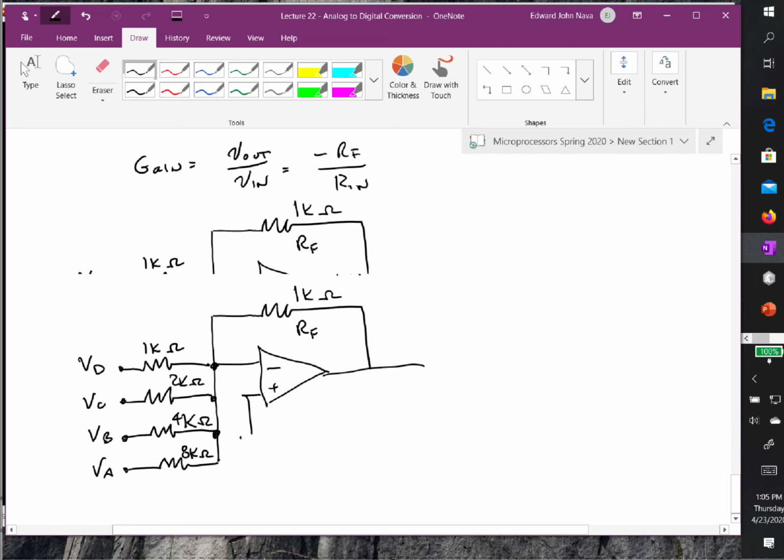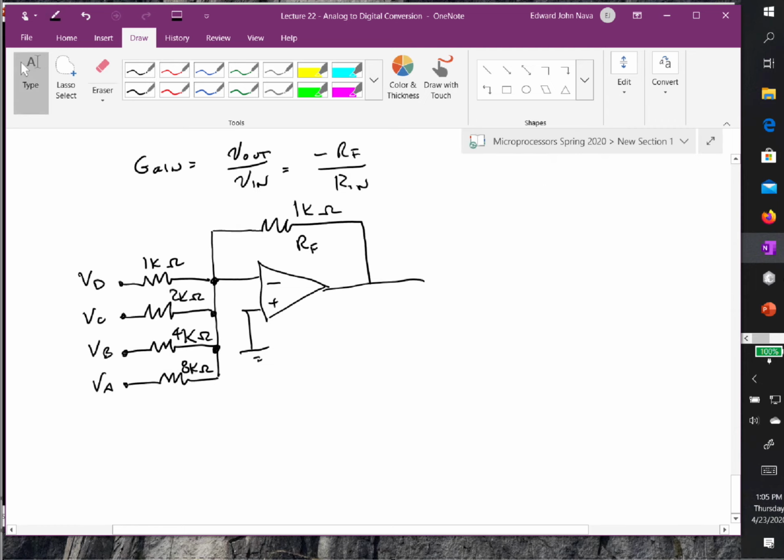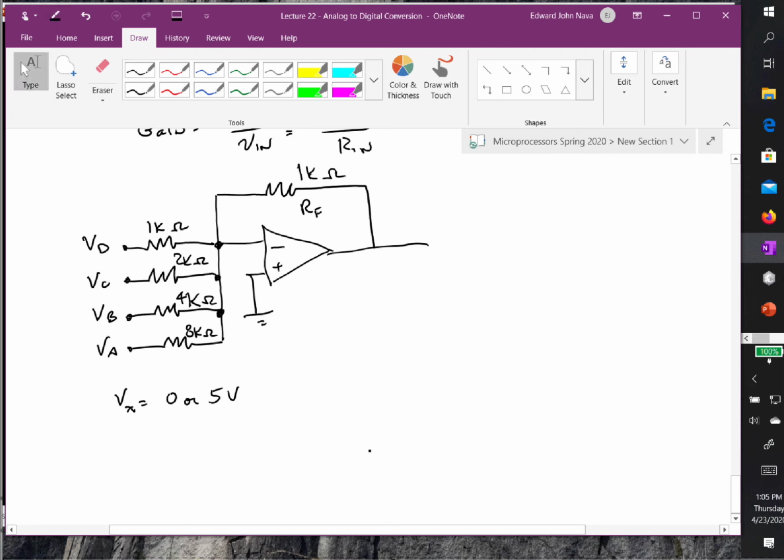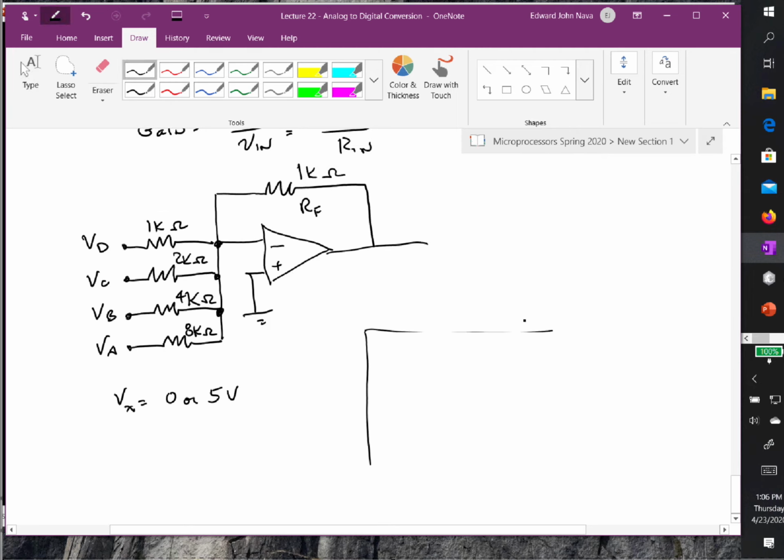And so if I apply my voltages, I'm going to let V sub X be equal to 0 or 5 volts. I have a similar truth table as follows. So I have D, C, B, A, and 0, 0, 0, 0.